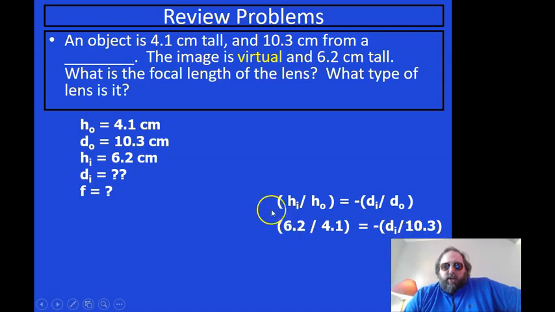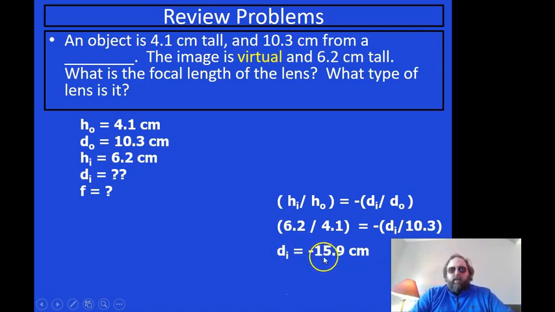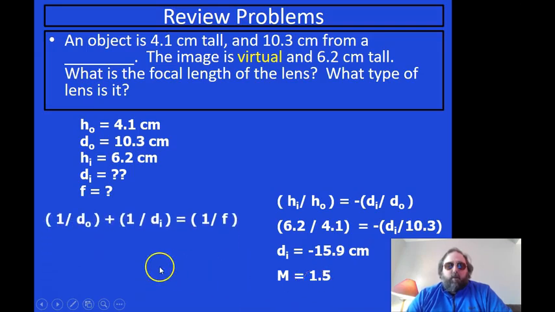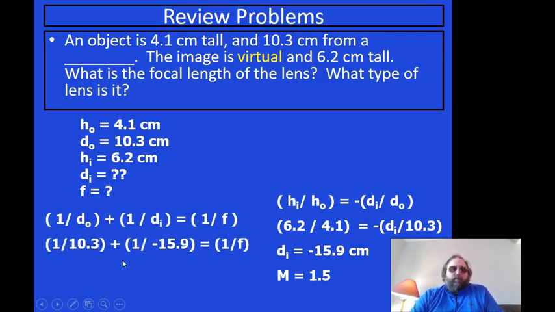And again, HI is positive because it was upright. I get DI equals a negative 15.9. So going through here, 6.2 divided by 4.1 times 10.3 gives me a negative 15.9, or an m that's 1.5. Go to my 1 over DO plus 1 over DI equation. So 1 over DO plus 1 over DI equals 1 over f.